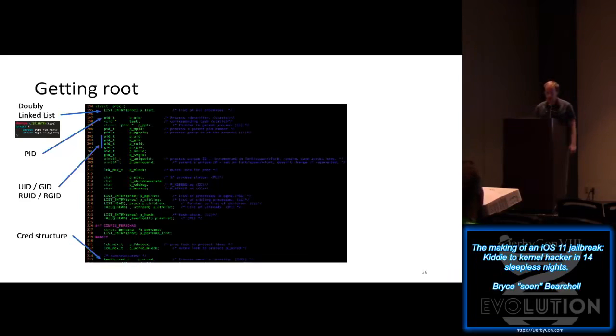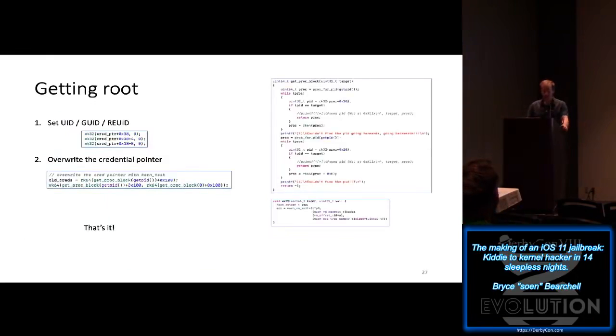We have our user permissions, our UID, our GID, and then down at the bottom we got our credential structure. So it's as simple as setting our permissions to 0, the root user, and then we just copy the credential pointer out of the kernel task process, and we copy it into ours.